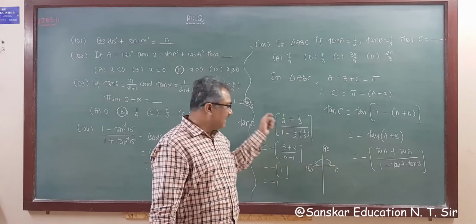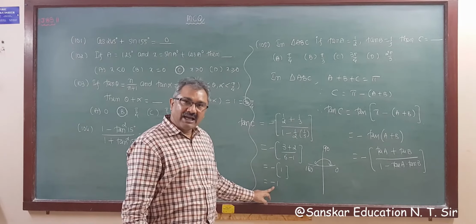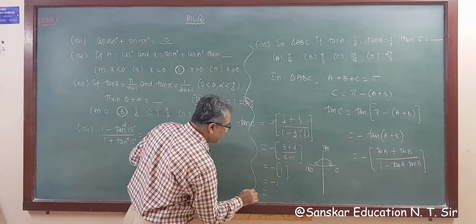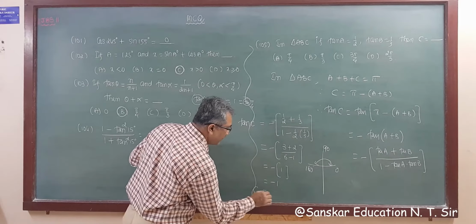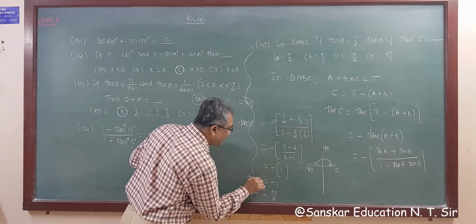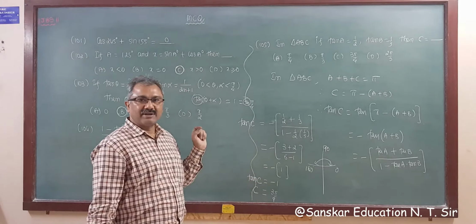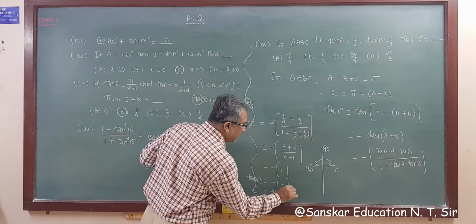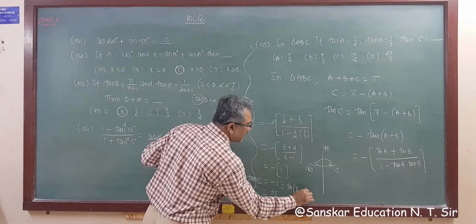Minus means tan lies in the second quadrant, and in the second quadrant pi by 4 becomes 3 pi by 4. So C is equal to 3 pi by 4, because this is the value of tan C. Right? So tan C is minus 1, or you can write C as pi minus pi by 4.